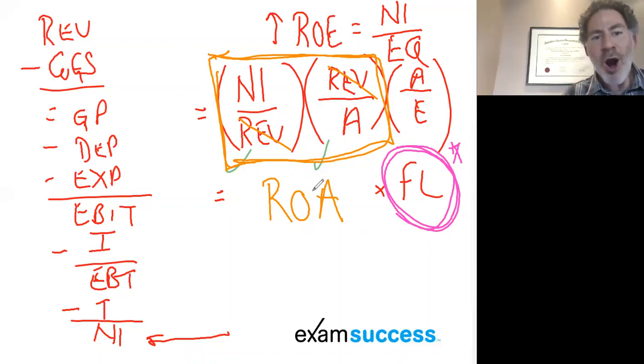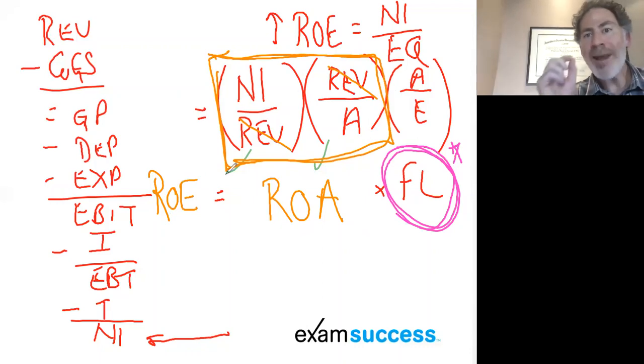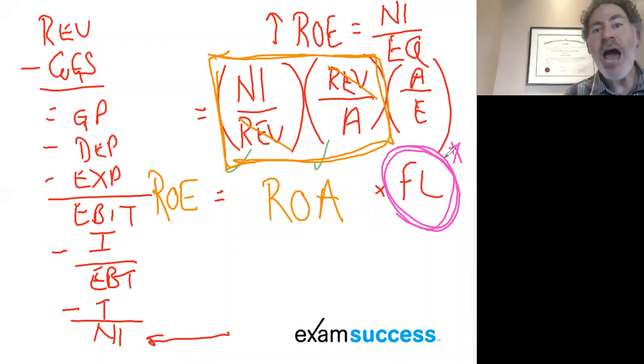So ROE, return on equity, is equal to the return on assets times the financial leverage. And now I'm finally going to get to the question that was asked and sent in here. So the question was the difference between return on asset and return on equity, and they were talking about a firm which has no debt.